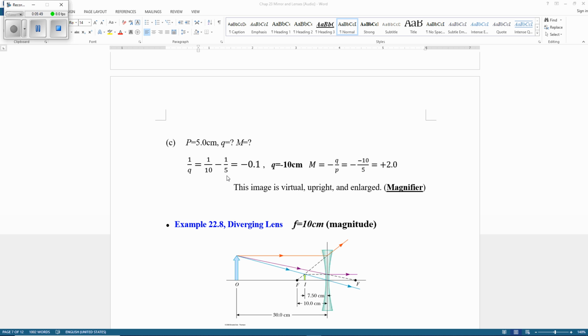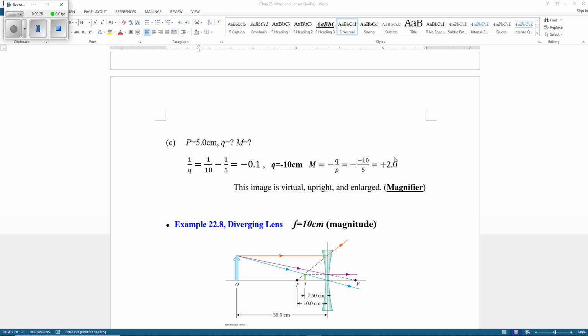If we use a calculator, 1 over 10 minus 1 over 5 gives you negative 0.1. So Q equals 10 centimeters, but it's negative. Magnification equals negative Q over P, so negative of negative 10 divided by 5, that's P, gives you positive 2.